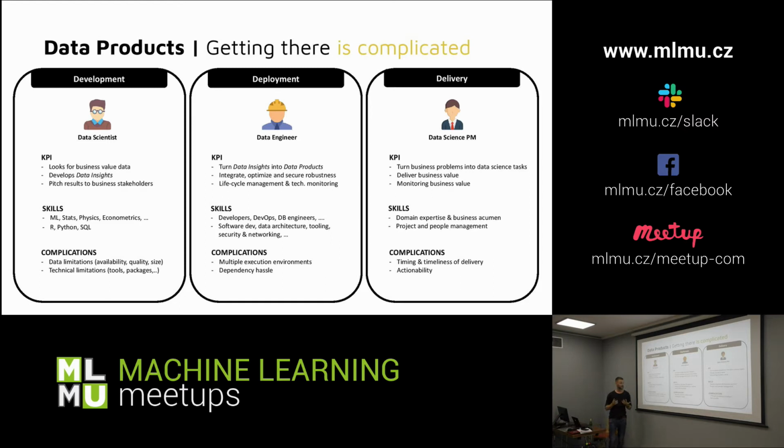The project managers are more about delivering results on time and delivering results that you can actually turn into money, into business value. So why is it complicated? It is complicated because you have these three phases, and ideally you want to have one tool or one environment where you can accommodate all the needs of all these people.